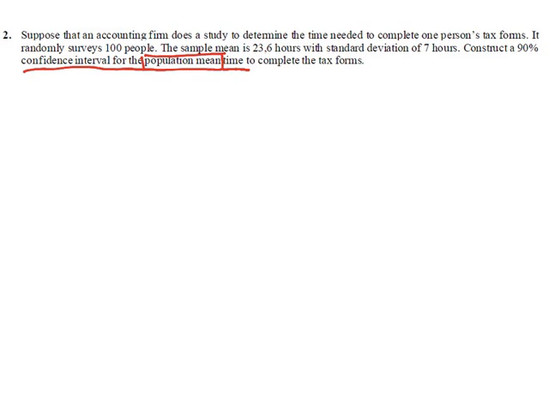So the first thing to do is again write down what is given. For example, what is 100, what is 23.6, what is 7, what is 0.90. As it can be seen very clearly, randomly surveys 100 people, which is n.